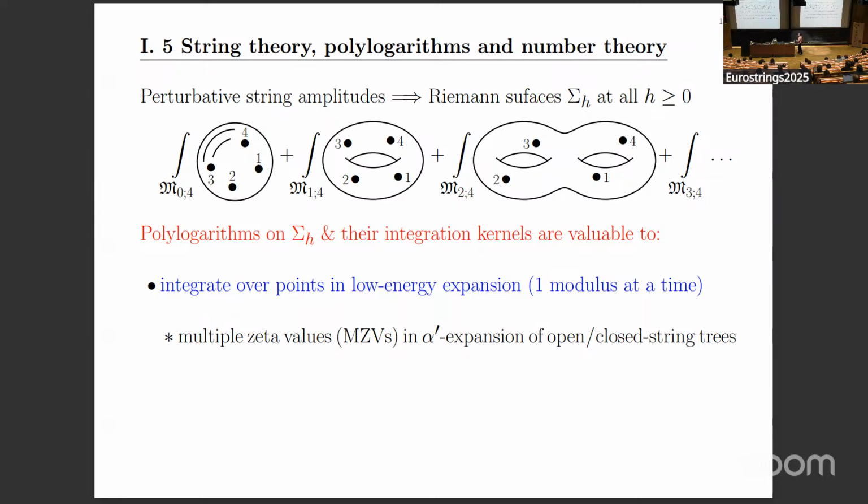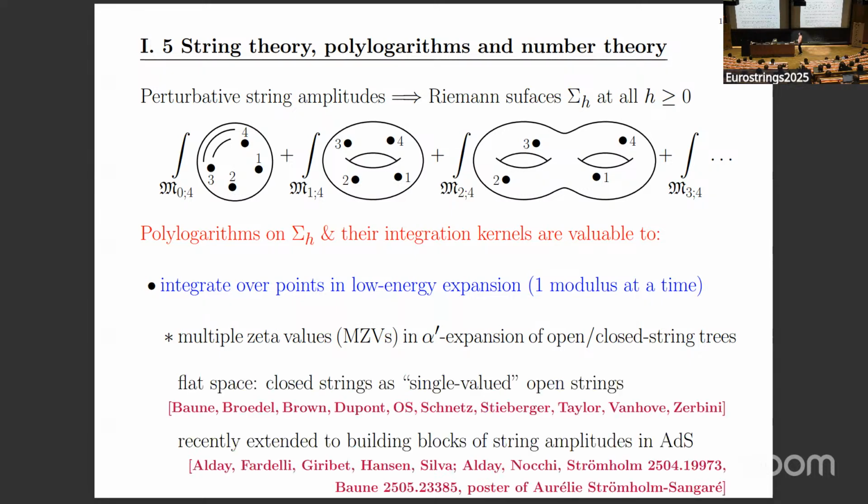So for instance, if we go for tree level, the sphere with marked points on it, then these integrals can be evaluated order by order in alpha prime in terms of so-called multiple zeta values. These are polylogs at special points, z equal 1 if you wish. And even if the answer is just numbers, namely multi-zetas, it's really valuable to know that in intermediate steps, when you integrate one puncture after the other, you have some polylogarithms.